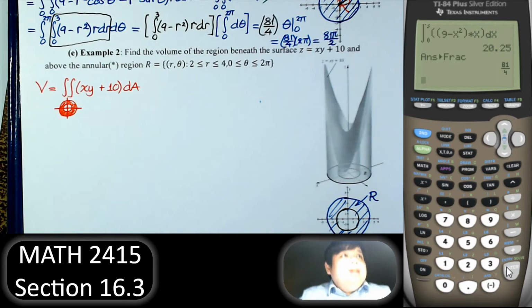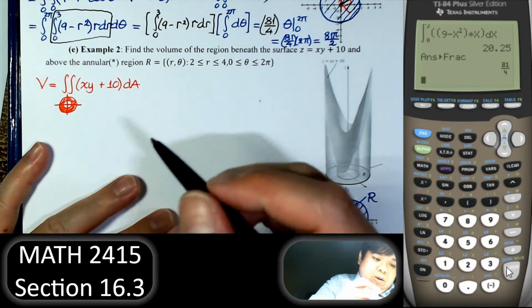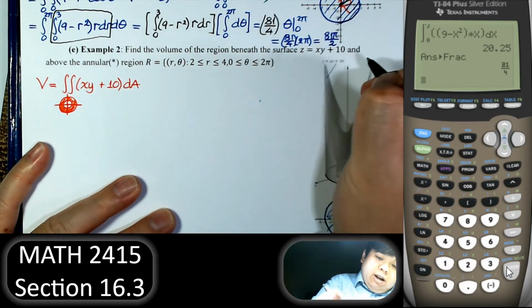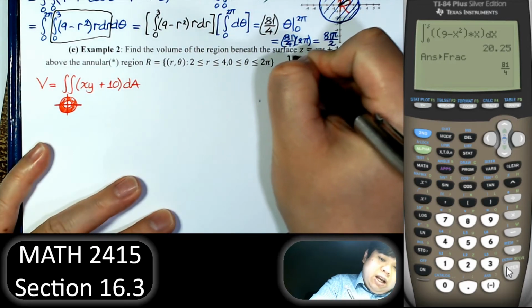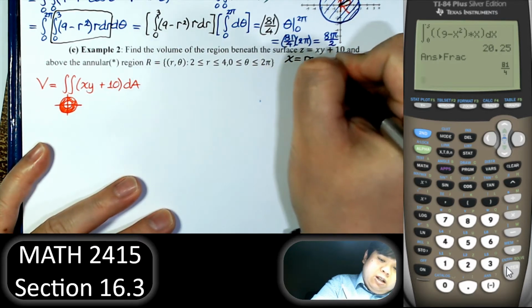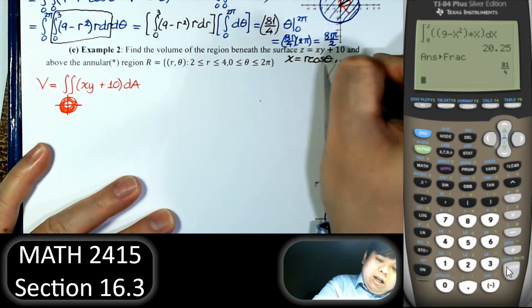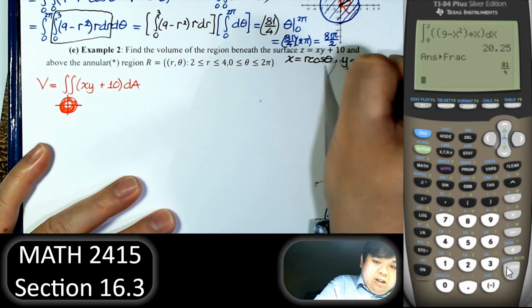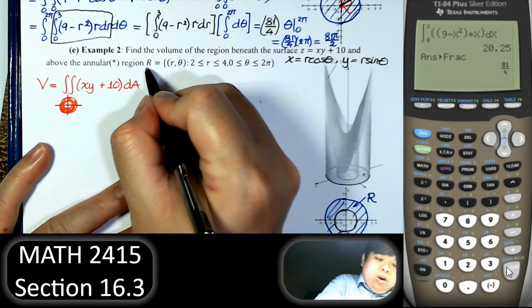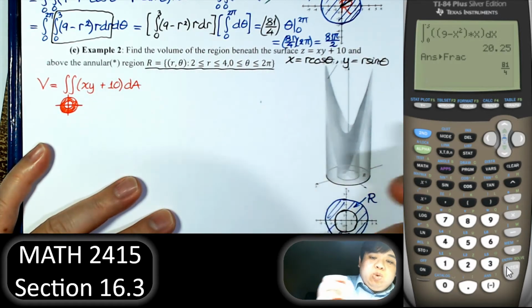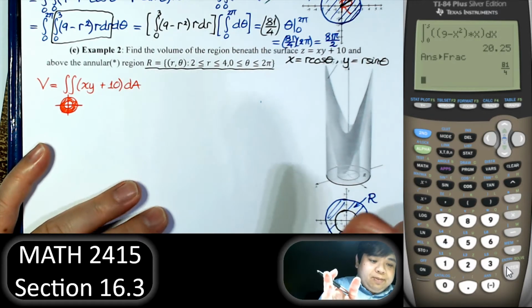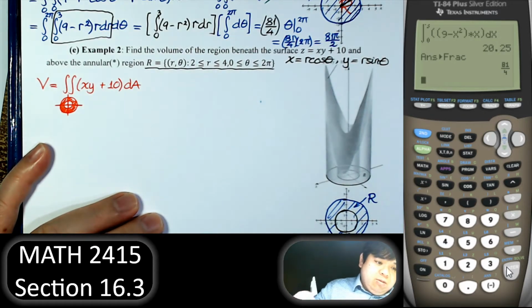That's better. So in polar coordinates we have x equal to r cosine theta once again, x equal to r cosine theta and y equal to r sine theta. We already have the region R, which is good. We're not going to mess with that. Now let's write the limit.